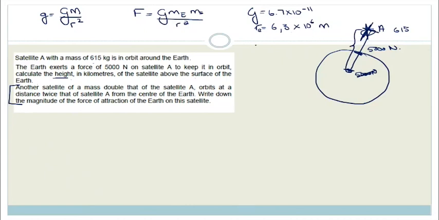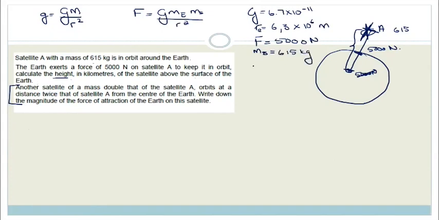We also have that the force is 5,000 newtons, and the mass of the satellite is 615 kilograms.